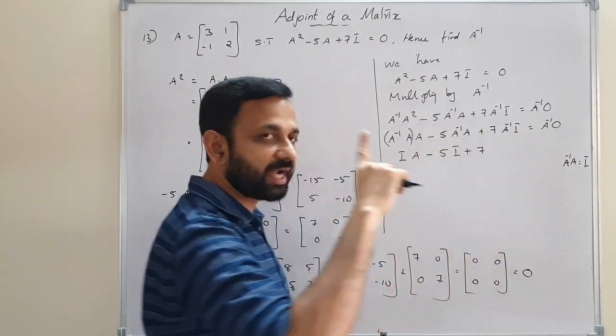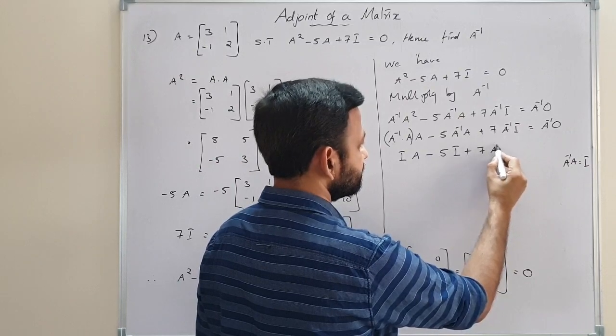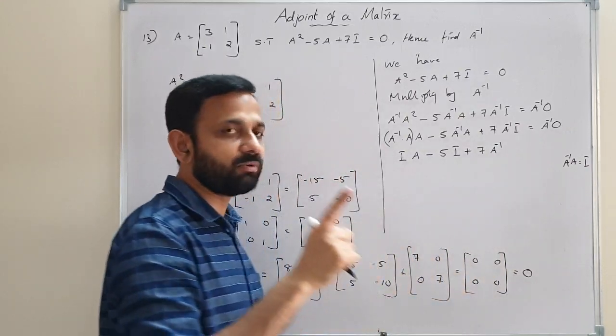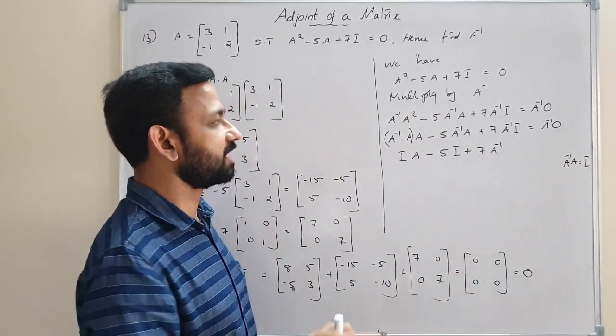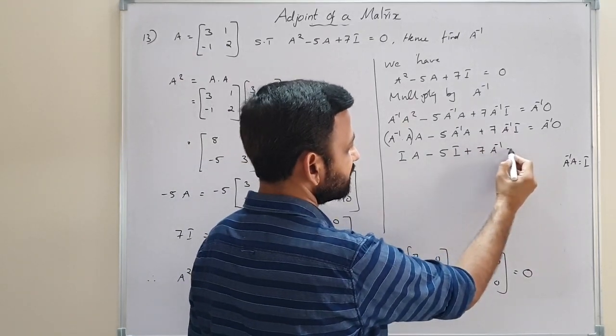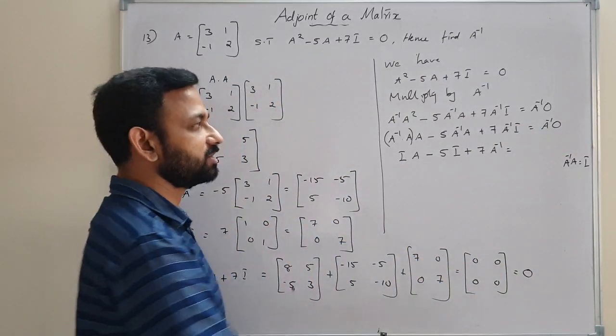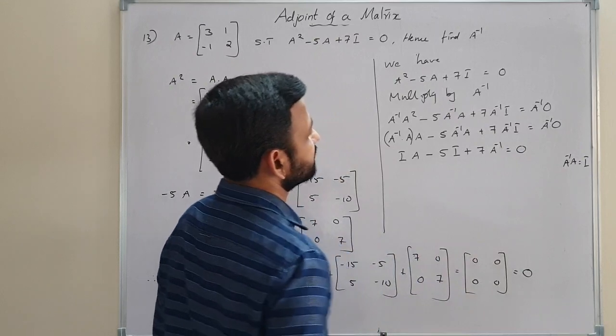A inverse into identity matrix is A inverse only, because any matrix into identity matrix is that matrix itself. So 7 into A inverse into identity matrix is 7 A inverse, equal to A inverse into 0 matrix. Any matrix into 0 matrix will be 0 matrix.